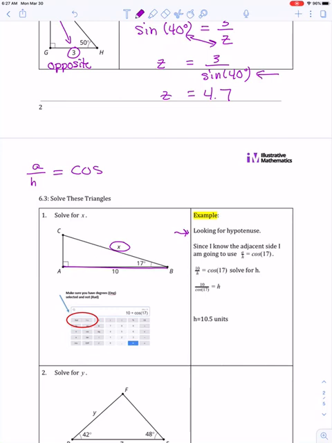Okay, so that's how I set this up here. My adjacent side is 10 over my hypotenuse, which is going to equal cosine 17, and we're going to solve for h. So again, I just flip-flop here and here, and so I get h is equal to 10.5 units. Oops, I should have put units up here too.